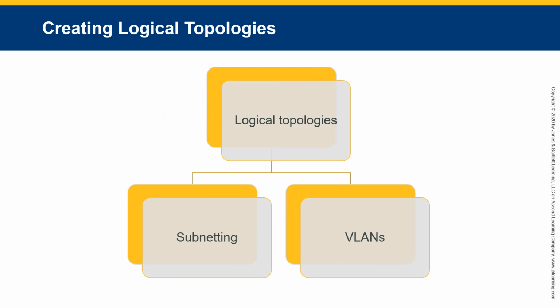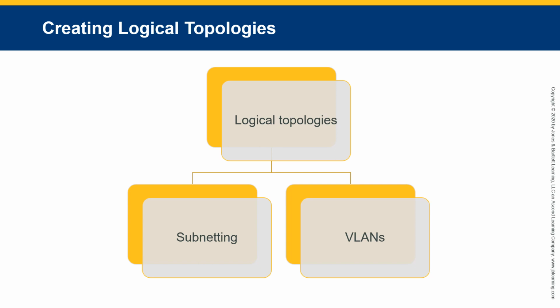So, what creates logical topologies? Well, the first thing is subnetting, okay? And subnetting is created at the OSI layer 3 network layer. And you can have different subnets out there.